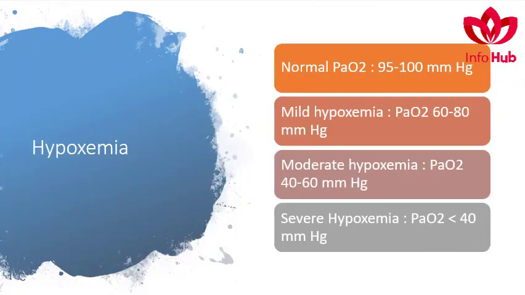So first of all, in arterial blood gases you should know about hypoxemia. What is hypoxemia? It is decreased oxygen in your arterial blood. The normal value of arterial blood oxygen is 95 to 100 millimeters of mercury. In mild hypoxemia, the value will be 60 to 80, in moderate it would be 40 to 60, and in severe it would be less than 40 millimeters of mercury.